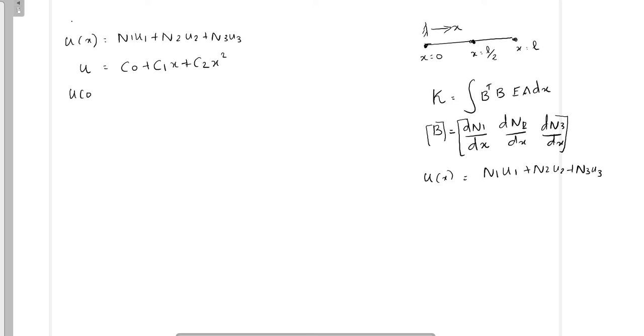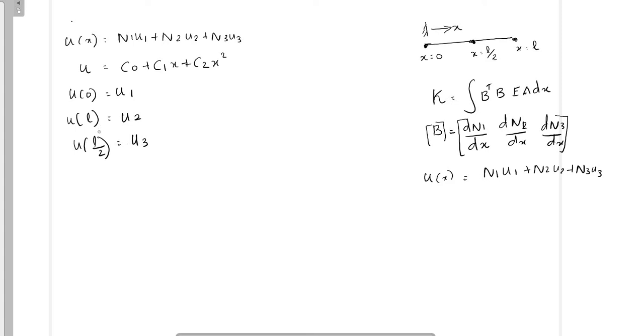At u of 0, the displacement is referred as u1. That is the displacement at node 1. At u of L, the third node, the displacement is u2. At u of L by 2, midpoint, the displacement is u3.